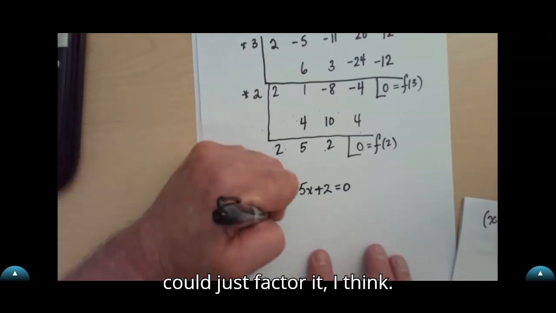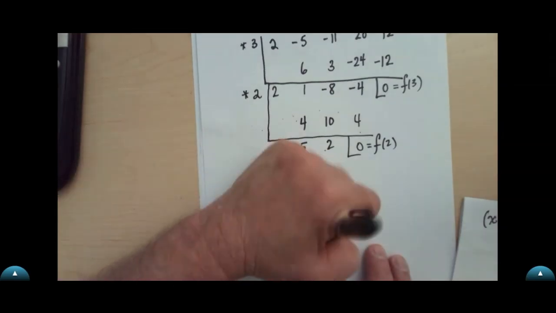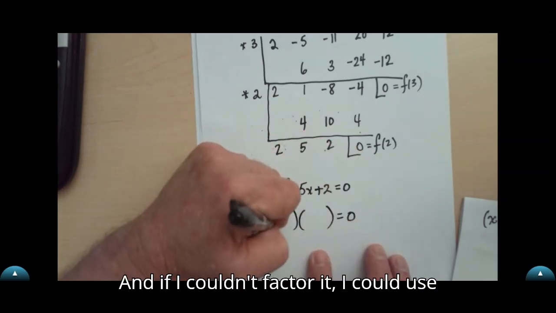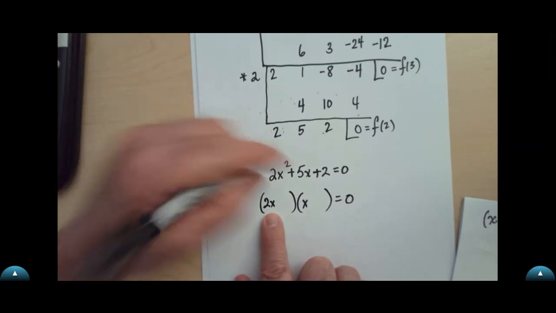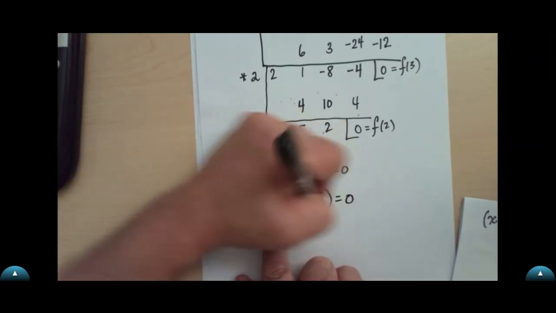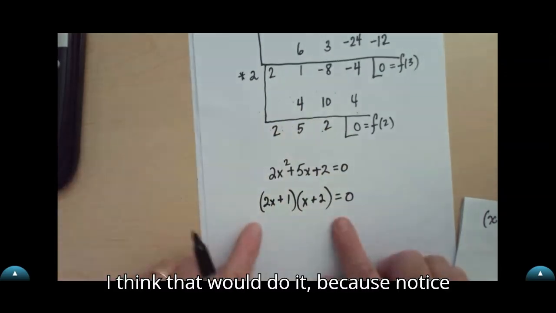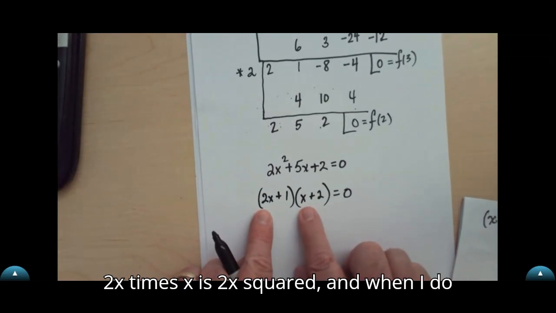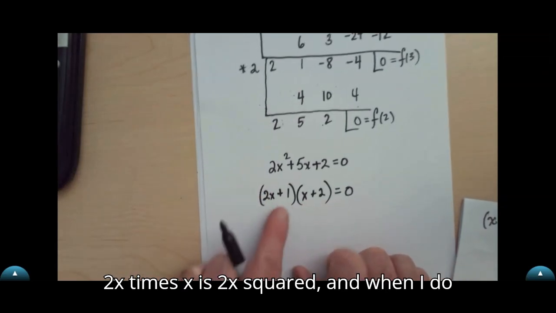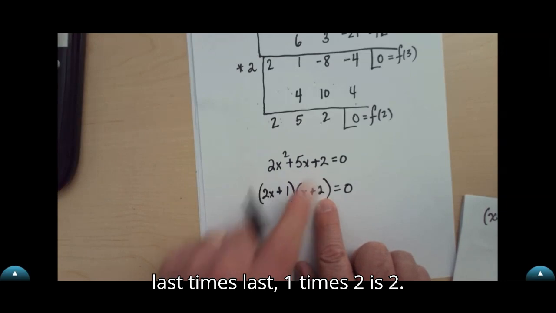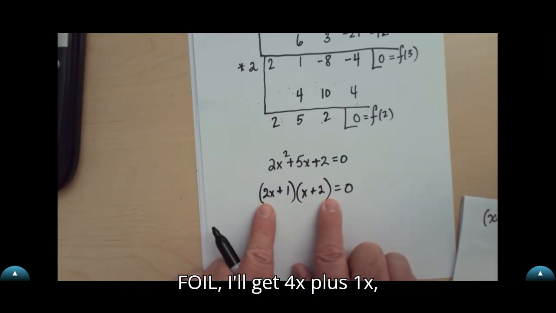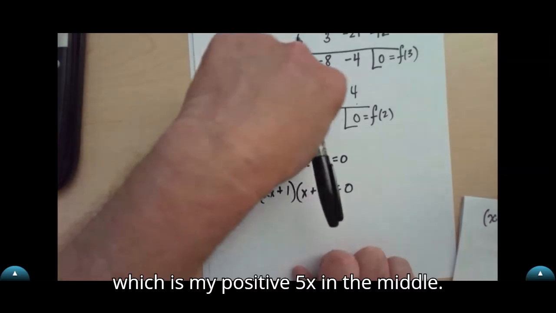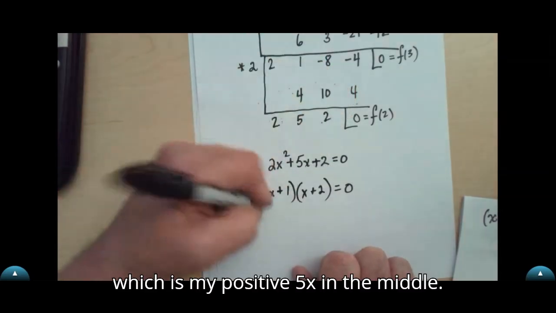This thing, I could just factor it, I think. And if I couldn't factor it, I could use the quadratic formula. But it looks like if I did this, that would do it, because notice 2x times x is 2x squared, and when I do last times last, 1 times 2 is 2. When I do the outside and inside parts of FOIL, I'll get 4x plus 1x, which is my positive 5x in the middle.